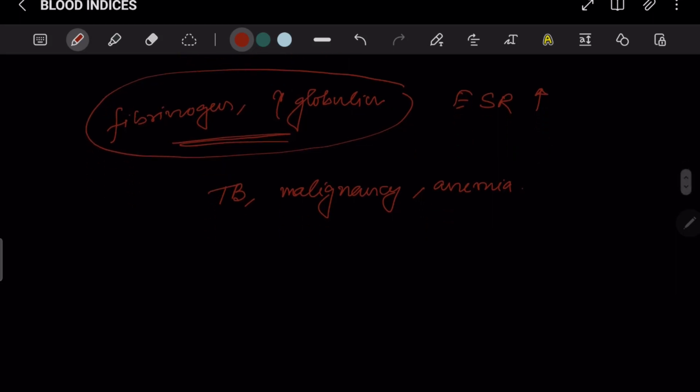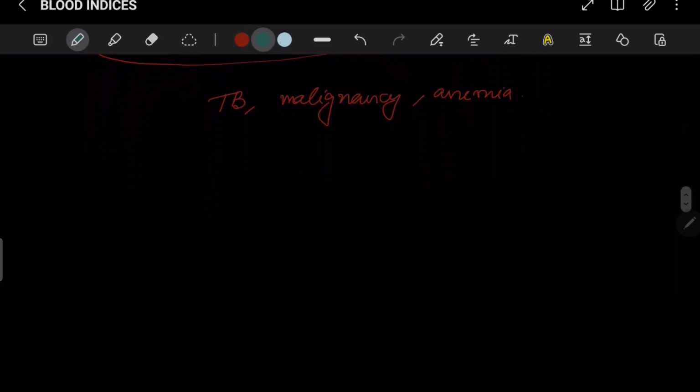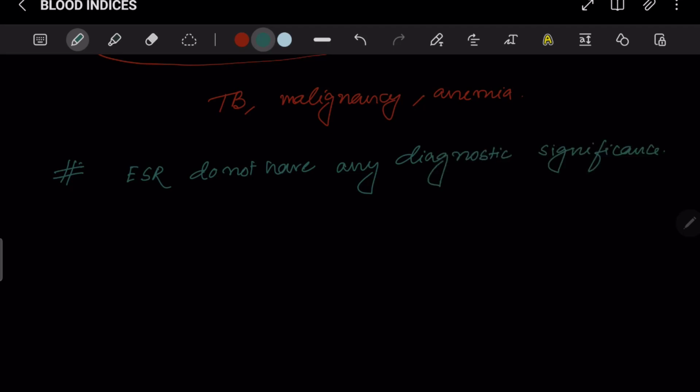Now, a very important thing that we need to keep in mind is that ESR does not have any diagnostic significance. What I mean by this is that an ESR increment or decrement doesn't symbolize a specific pathological condition.